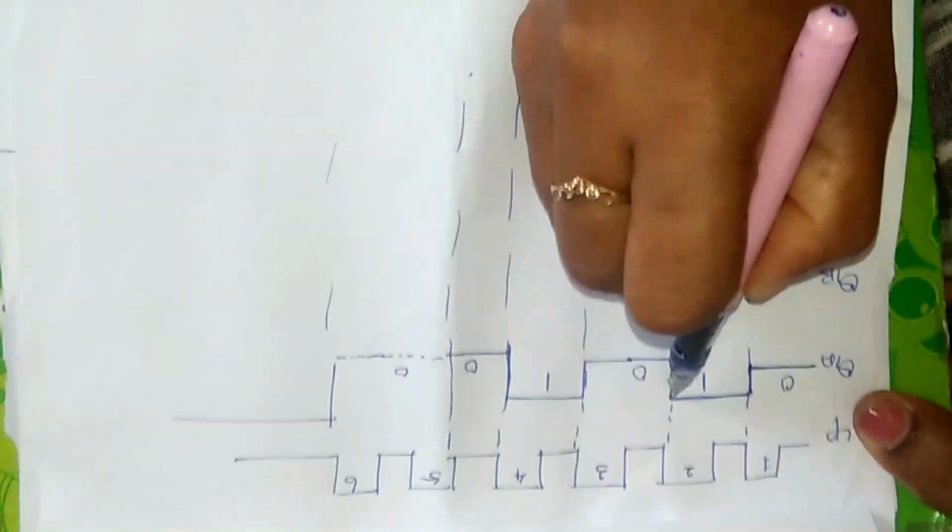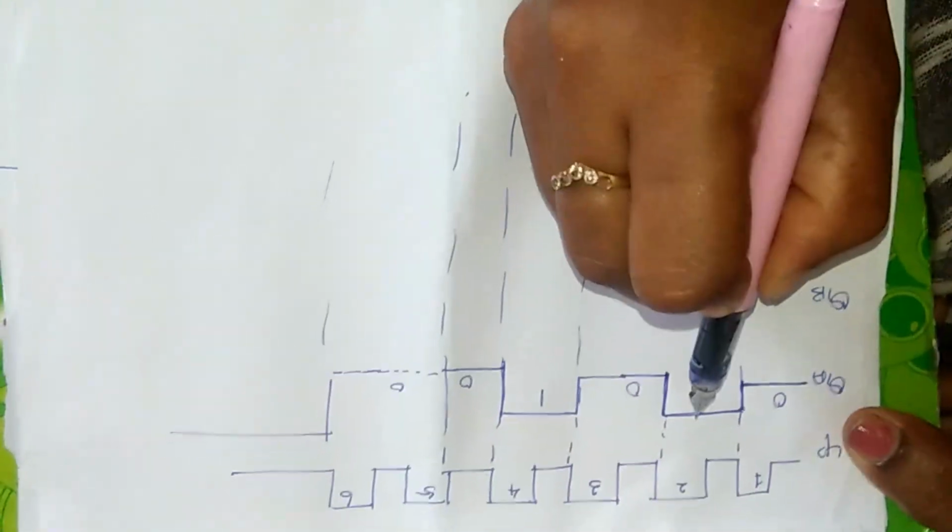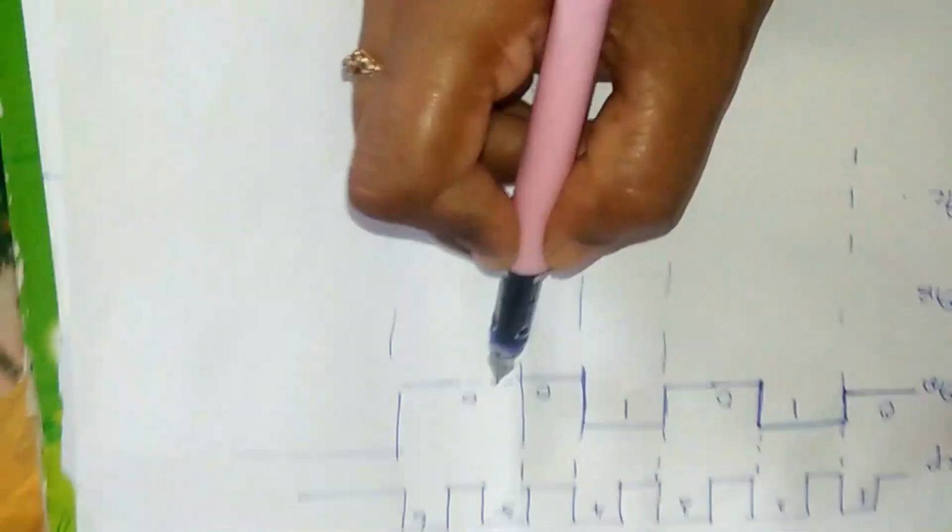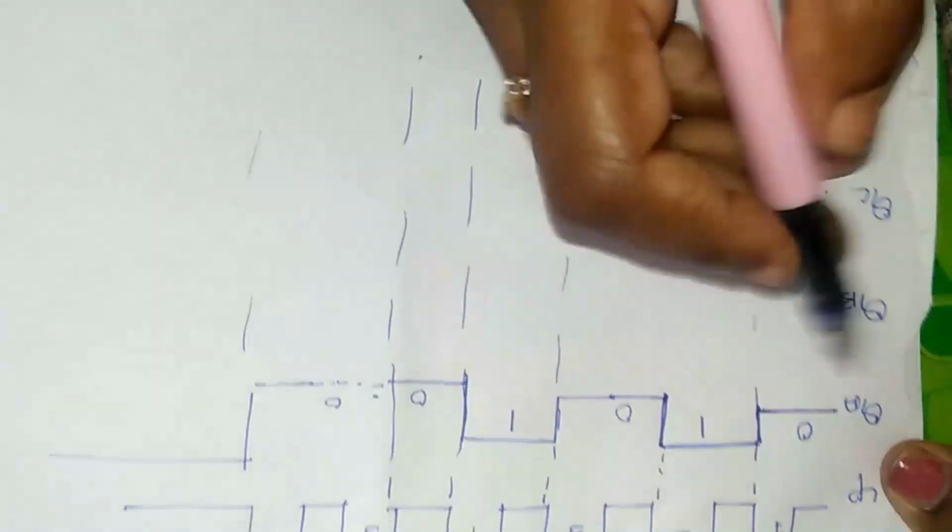This QA is just the representation of the condition of the present state for the count sequence from 0 to 4, that is 0, 1, 2, 3, 4. What the count sequence is for that particular condition is got from your excitation table of the counter.